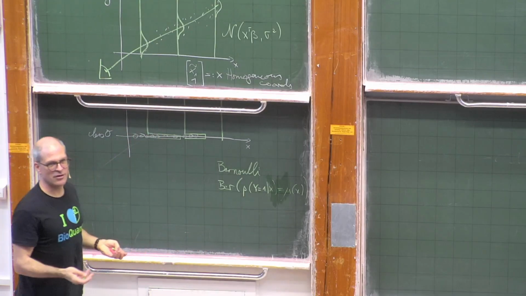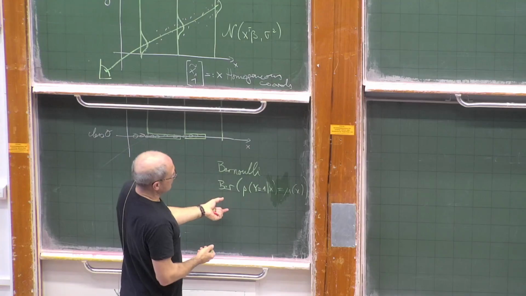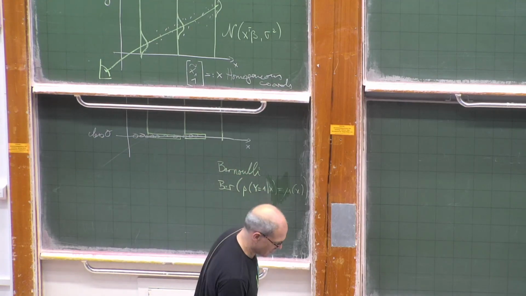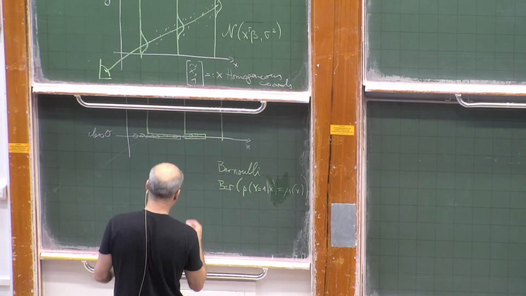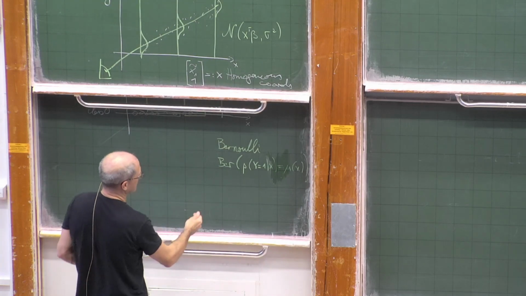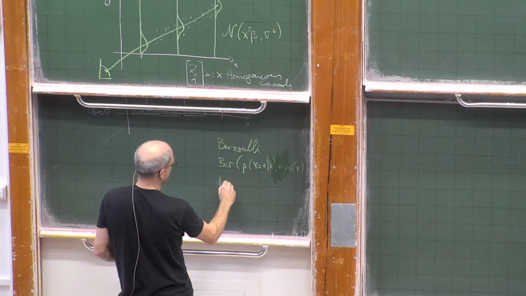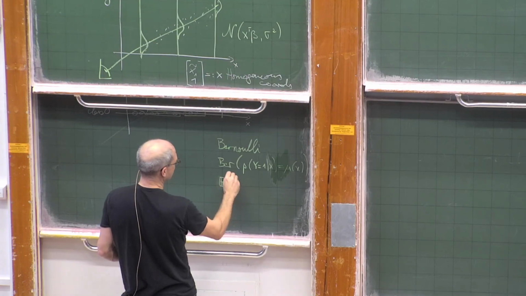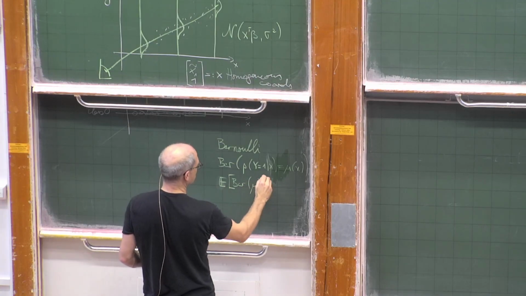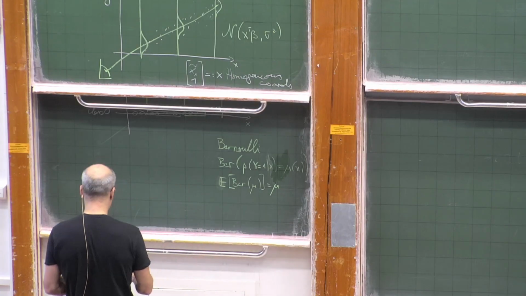It only has this chance of success. The variance can be computed from it. The expectation of a Bernoulli distribution with parameter mu is just mu, and the variance you can compute easily.